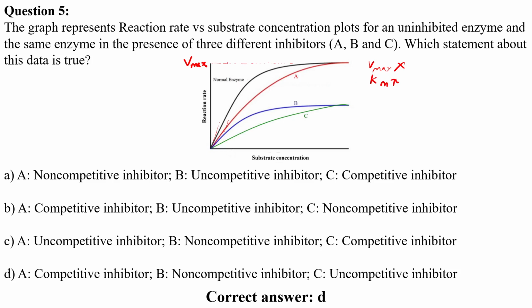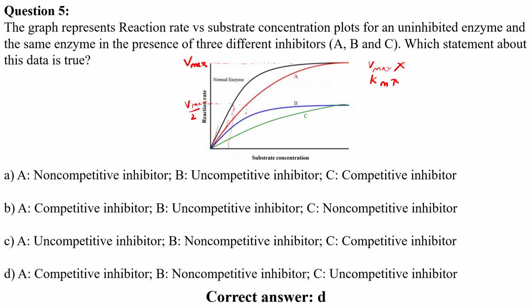Why is Km increasing? Because now you see, this is Vmax, so somewhere here we will have the half Vmax, and I have told you that at half Vmax the substrate concentration is equivalent to what? The substrate concentration is equivalent to your Km.